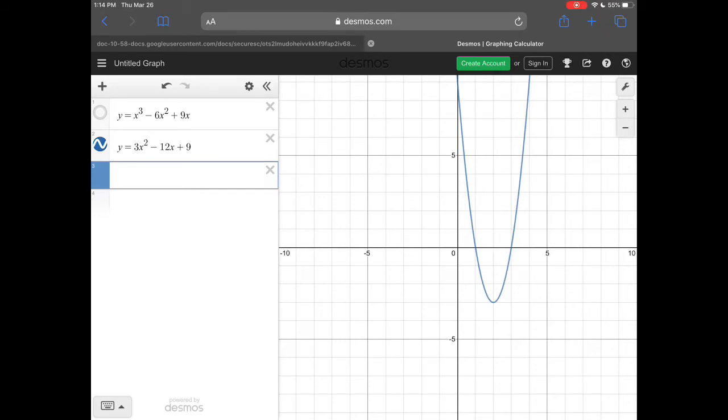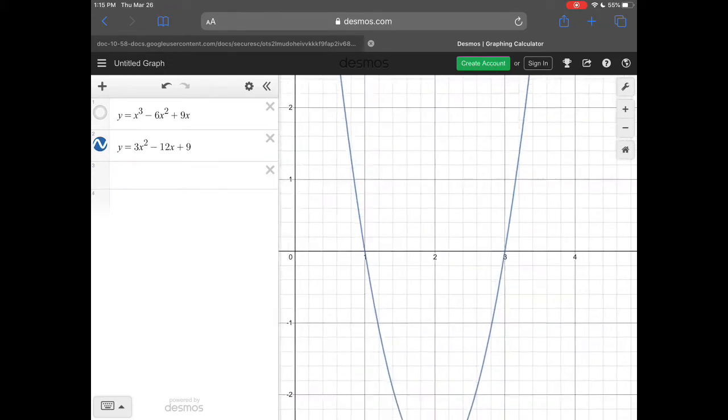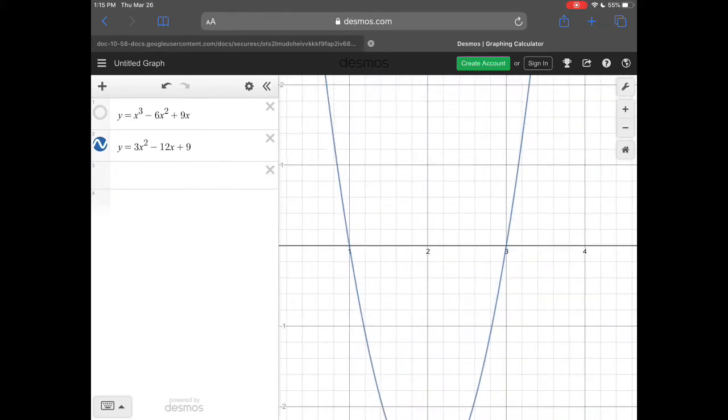So what we see here is our quadratic for the velocity function. I have y equal 3x squared minus 12x plus 9, but that's the same thing as v equal 3t squared minus 12t plus 9. And if we zoom in, we'll see at x equal 1 and x equal 3, those are our zeros that we just found. That's where the velocity was equal to 0.